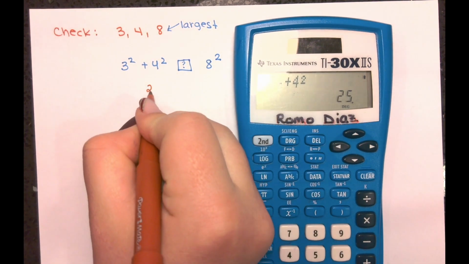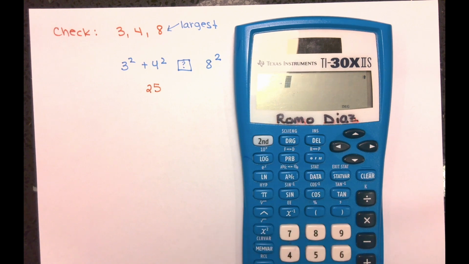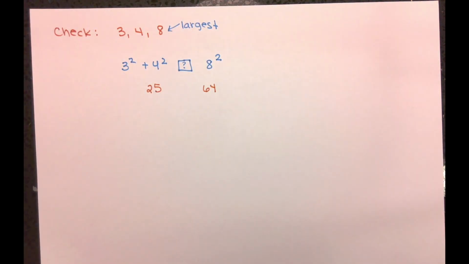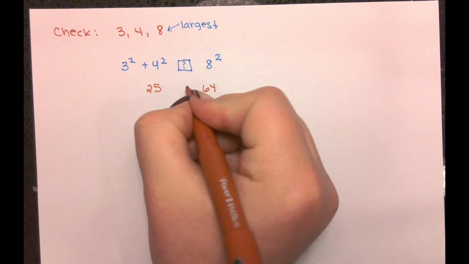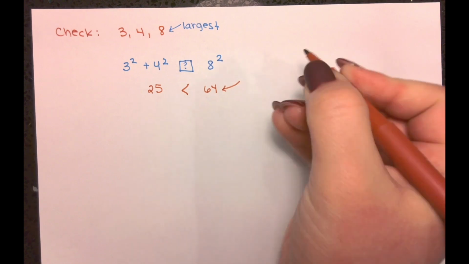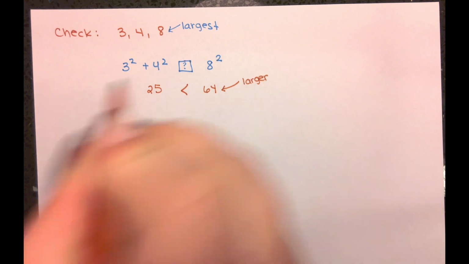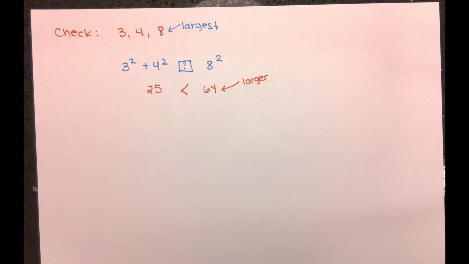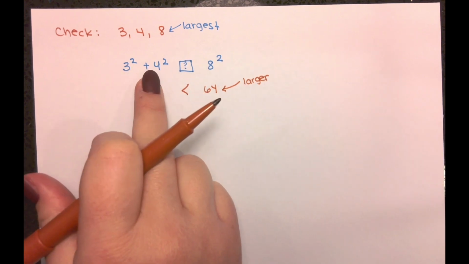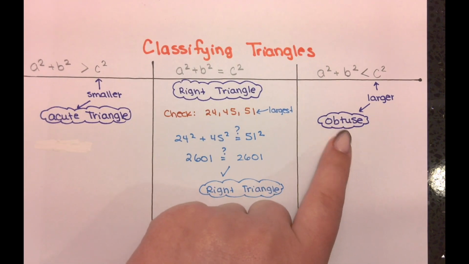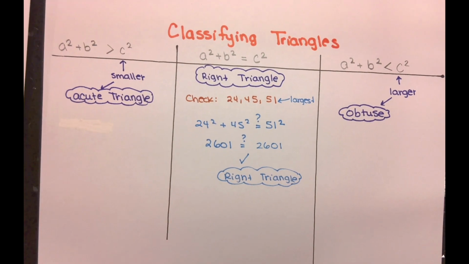That is 25. 8 squared is 64. So 25 is smaller, 64 is larger. That means that the largest side is larger when you square it than the sum of the other two sides. So if we go back here, that means that yes, my assumption was right, that we did have an obtuse.